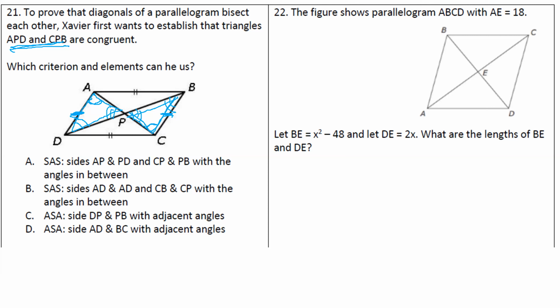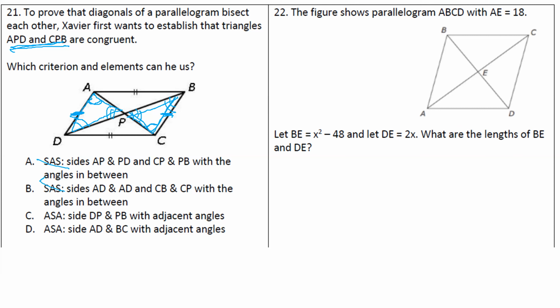Now, out of those angles, or out of those pieces, we only had one side. So can we have A or B as the correct answer? If we only have one side of each triangle? No, because those are both requiring two sides.